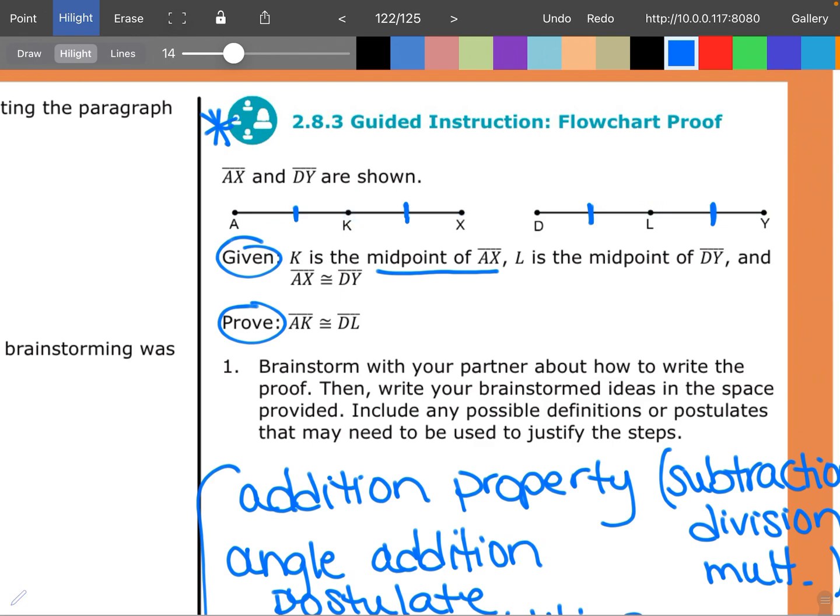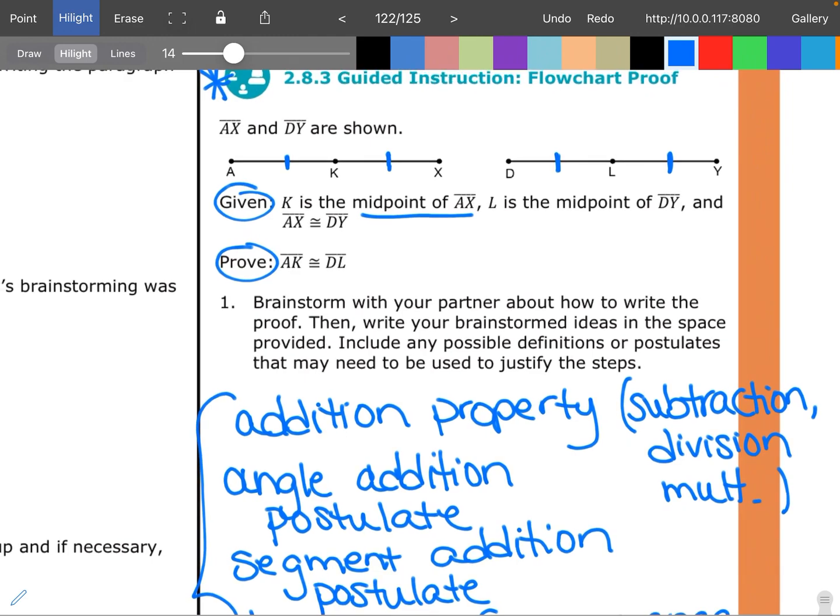So we'll go back to what we're trying to do. So brainstorm with your partner how to write the proof. And again, what we're trying to prove is that segment AK is congruent to this segment over here. We know that's what should happen. We have the midpoint. We just have to somehow correlate those two together.